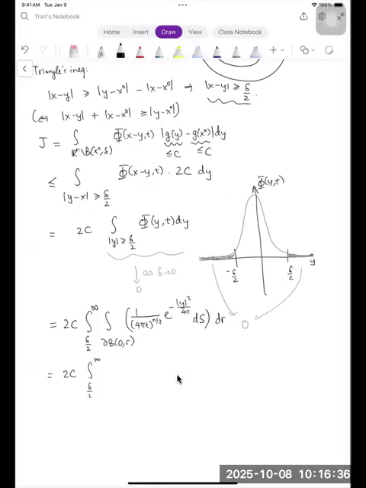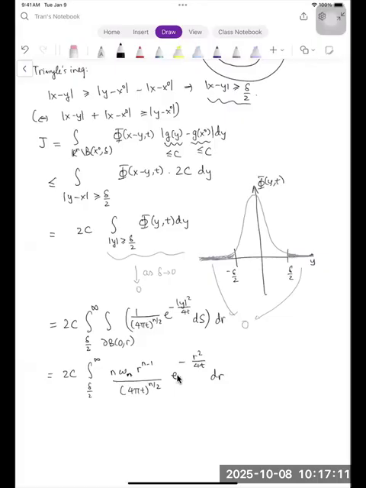Remember that we are on the sphere, so y square equals r square. And the area of the sphere is n omega n r to the n minus 1, over 4 pi t to the n over 2, e to the minus r square over 4t, dr. Okay, that's the integral you have.